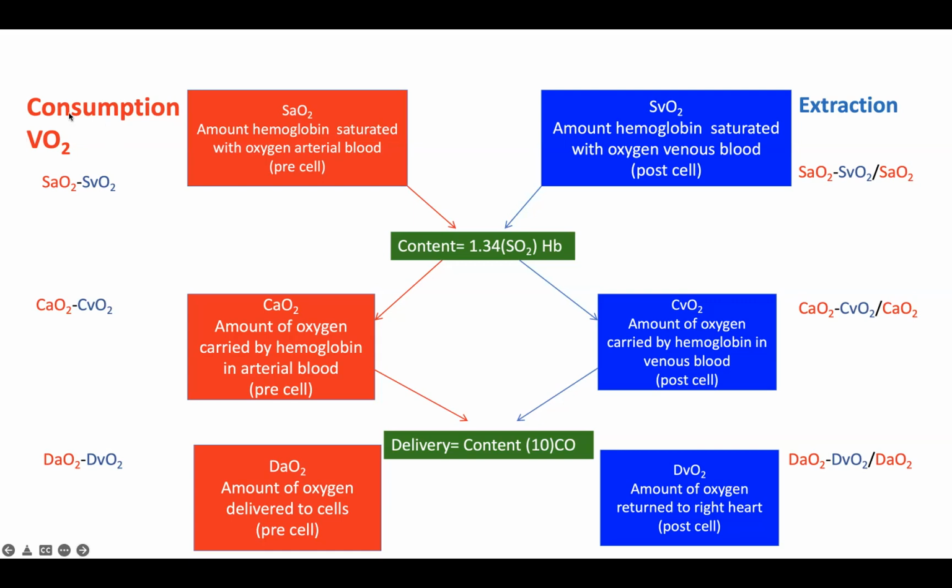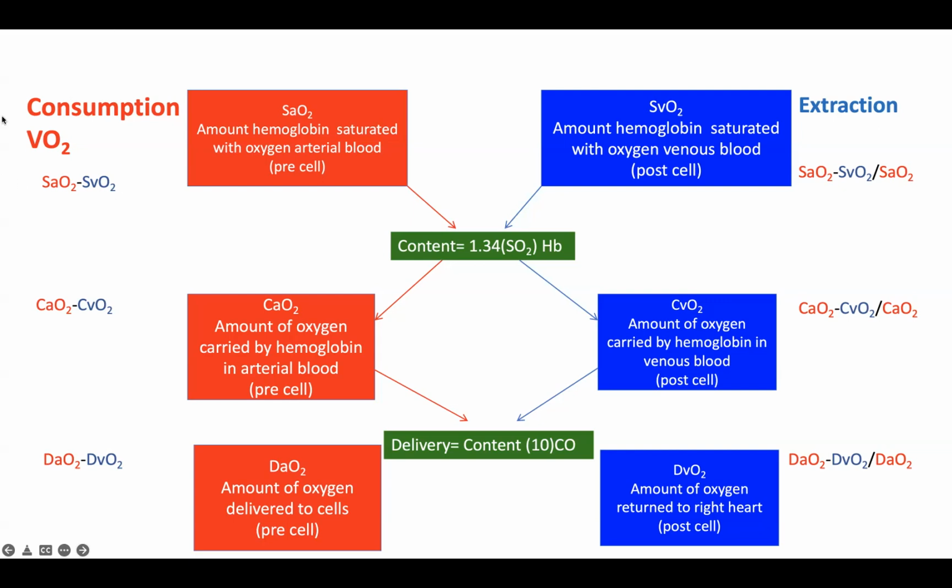So by the way, consumption, the easiest thing to do at your bedside, don't have to have a measurement for cardiac output, is just to look at consumption, which is VO2, that's consumption per minute, and take SaO2 minus SvO2. That's going to tell you about consumption. If I want to look at extraction, it is SaO2 minus SvO2 divided by SaO2.